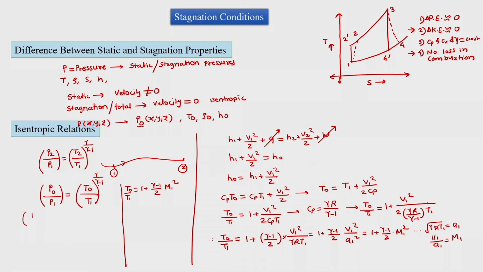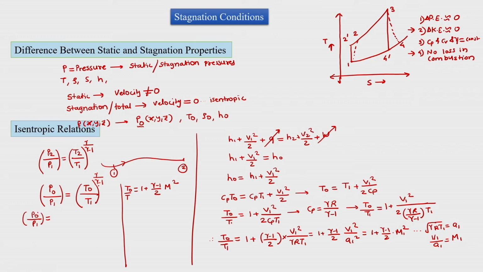as total pressure. So P naught upon P1, we can remove the subscript 1, so it will become T naught upon T is equal to 1 plus (gamma minus 1)/2 M square. We can as well add subscript infinity, which means free stream condition. Anyways, the subscript can be as per our requirement.